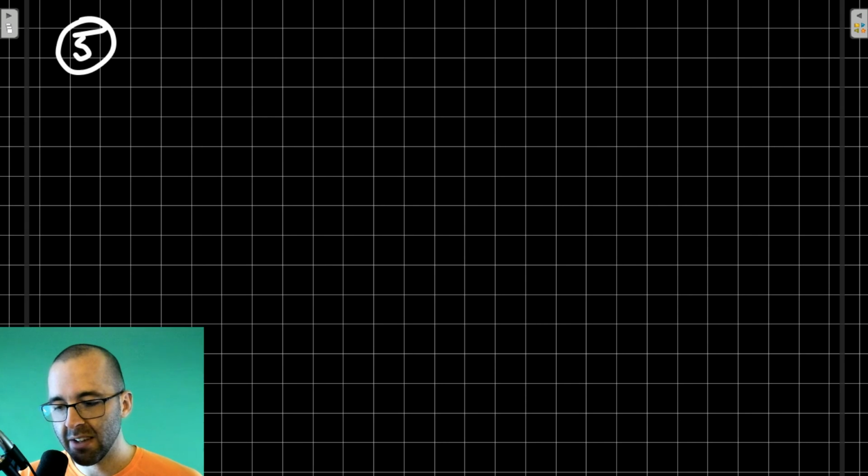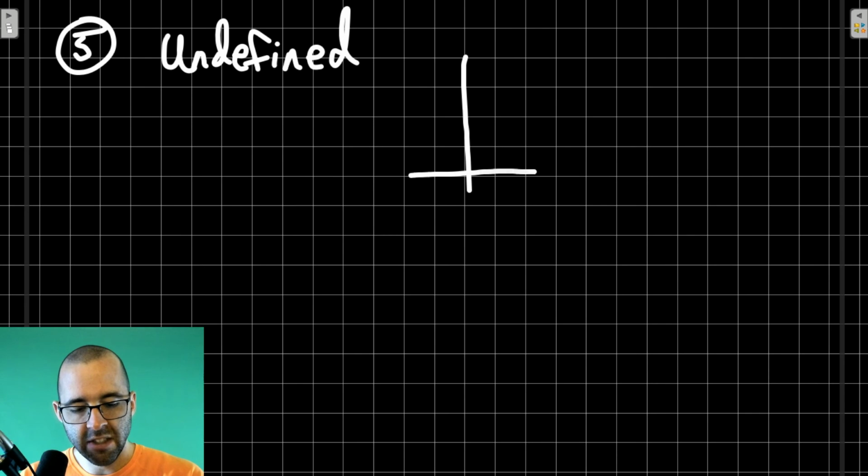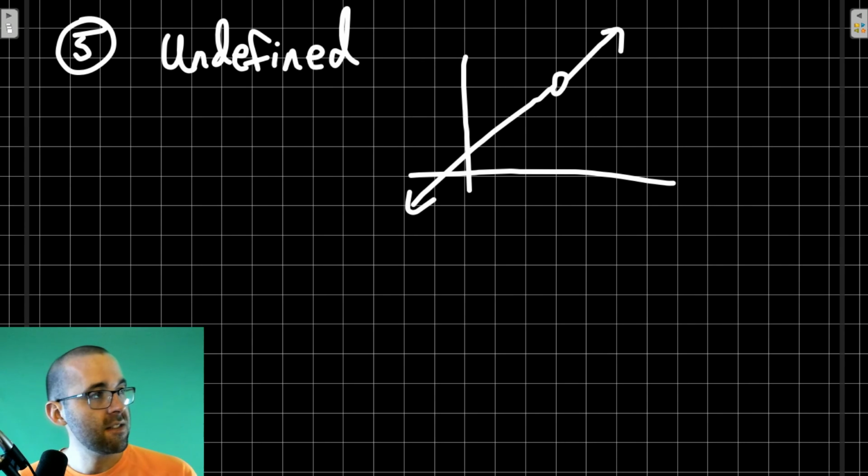Finally, not finally, one more. We got where is it undefined? And that can occur in 2 different ways, right? If I'm looking at some function like this, let's just say it's a line with a hole in it. This function's undefined at x equals 3.